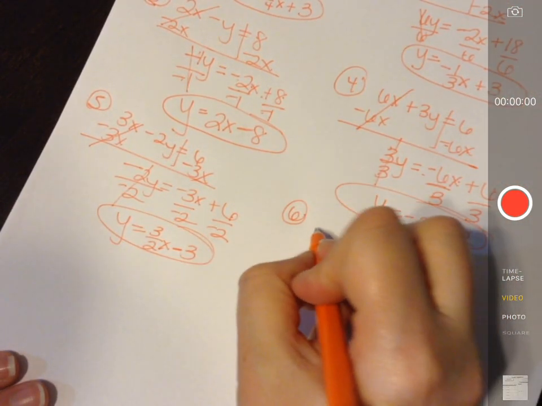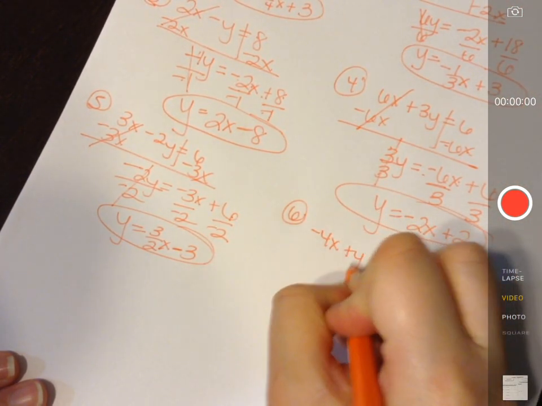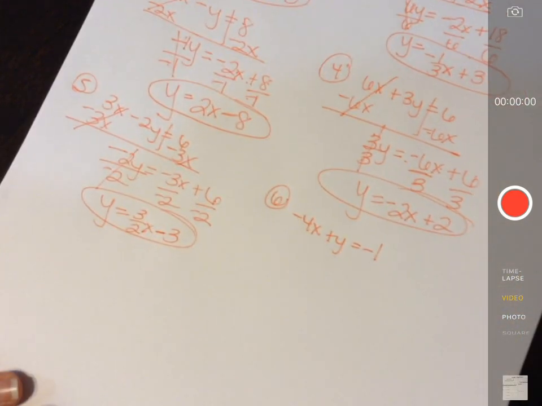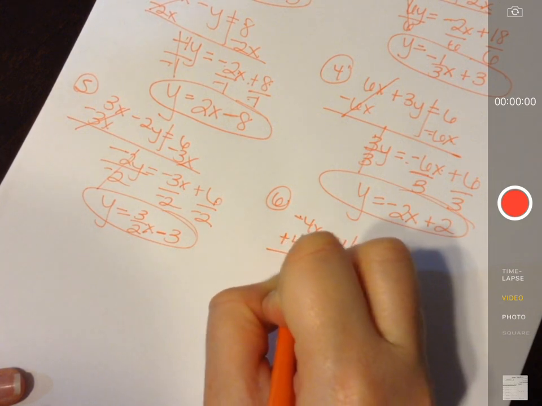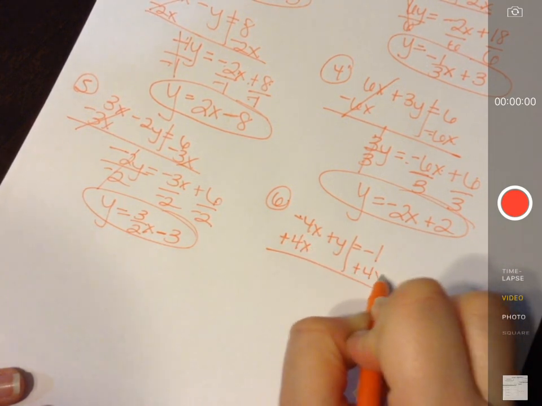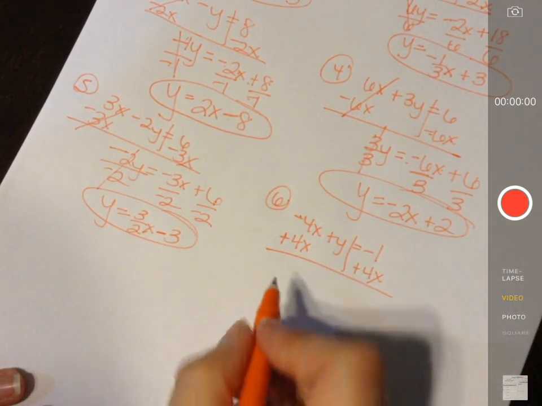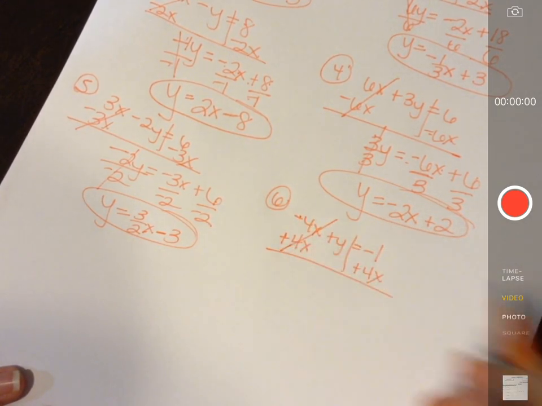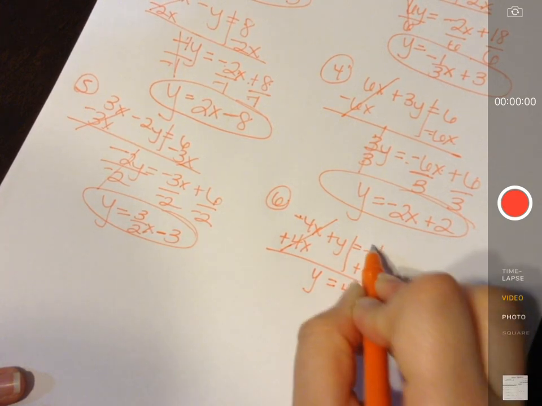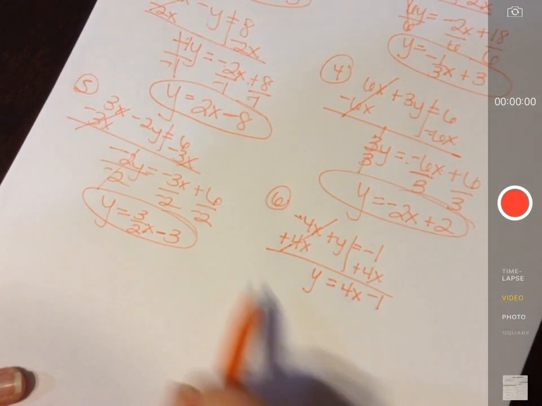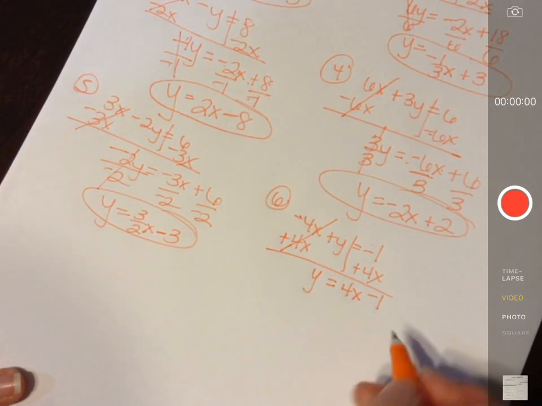Number 6. Negative 4x plus y equals negative 1. I will bring over the negative 4x by changing it to a positive 4x. Negative 4 plus 4 is 0, so that leaves me with y equals 4x minus 1. I am done because y is all alone.